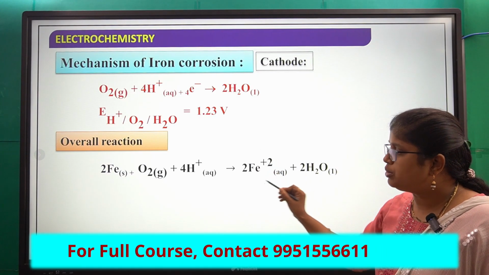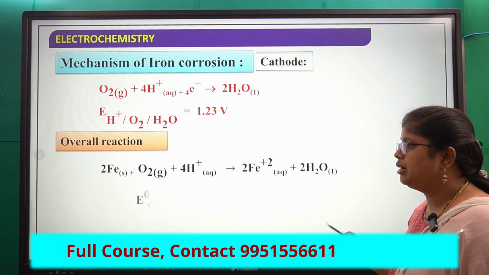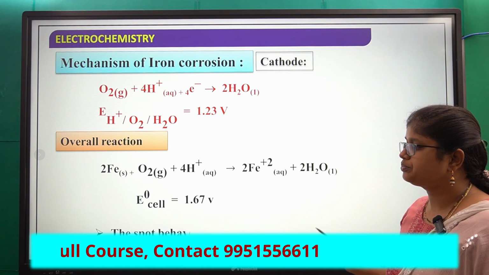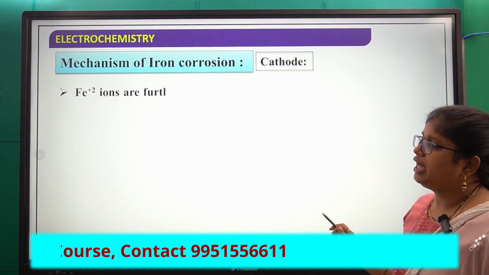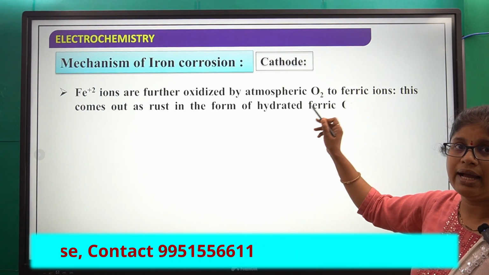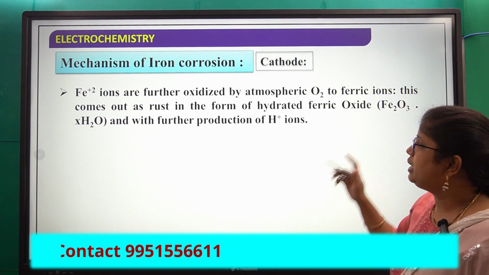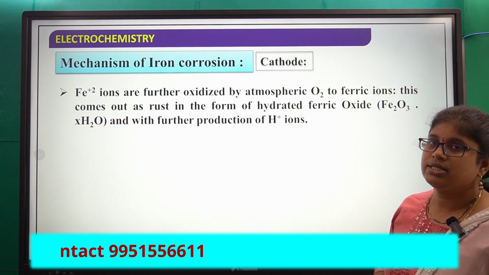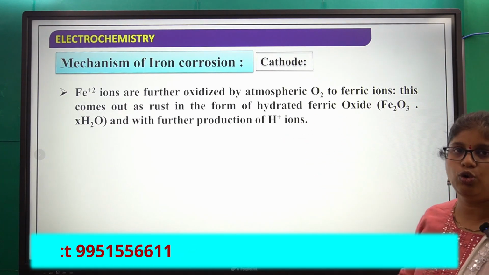Now this formed Fe plus 2 again converts to Fe plus 3. Fe plus 2 ions are further oxidized by atmospheric oxygen to ferric ions, and this comes out as rust in the form of hydrated ferric oxide, Fe2O3.